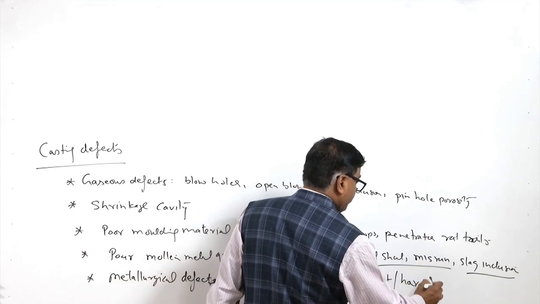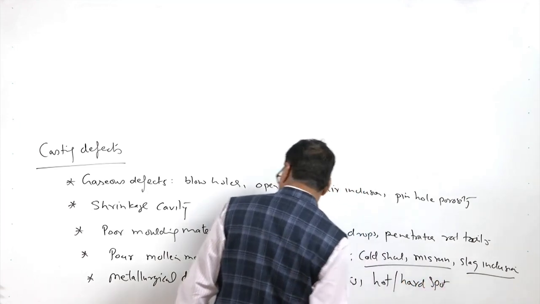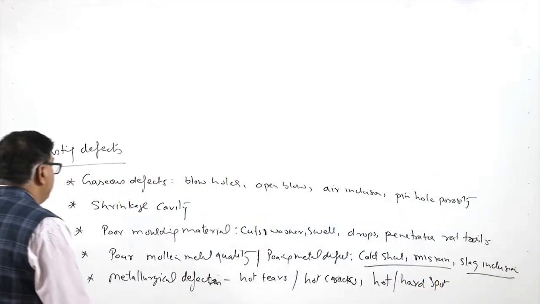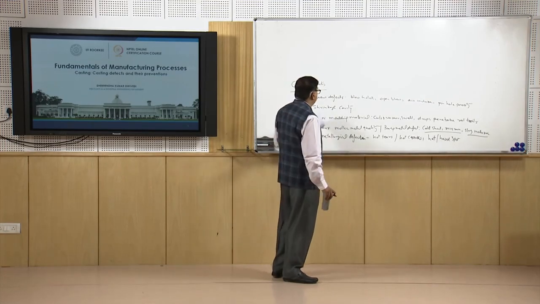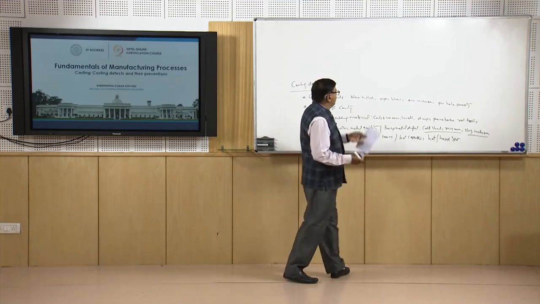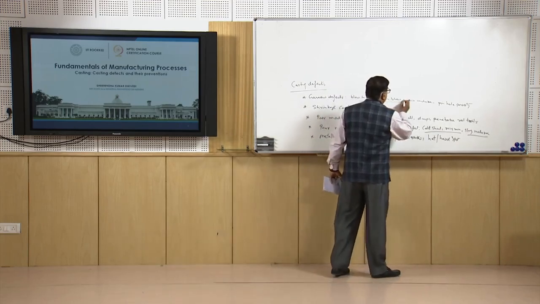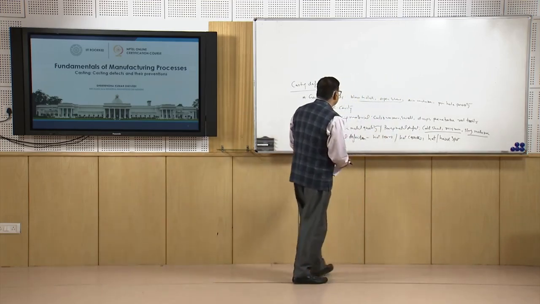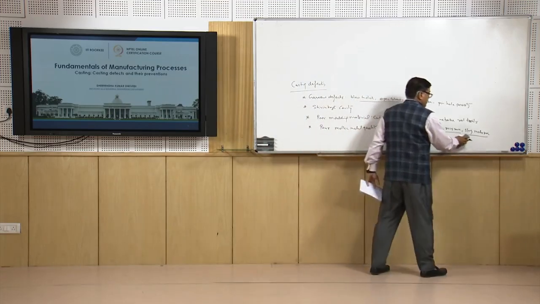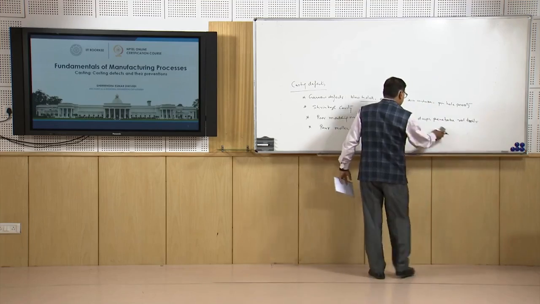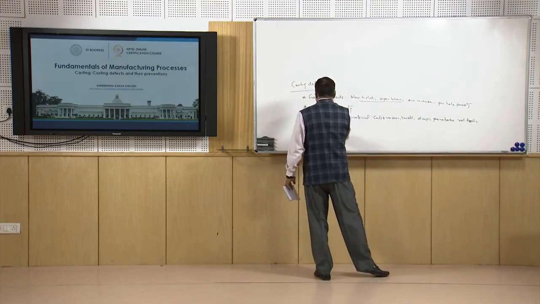So, these are the 5 categories of casting defects, and these are the specific defects falling in the different categories. There may be a few more which I will be elaborating subsequently along with the reasons and the remedies.